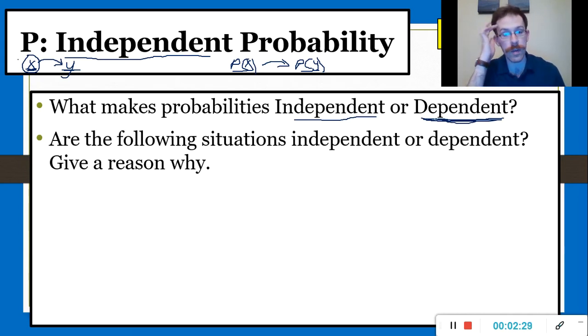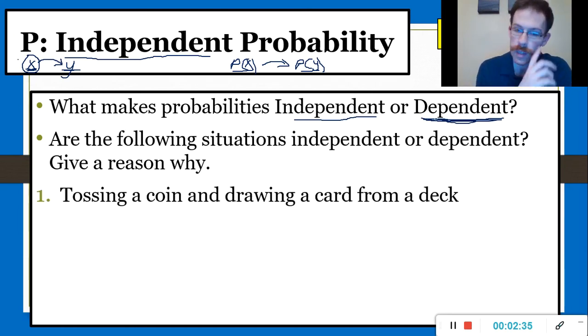Now, for the following situations, I want us to understand whether they're independent or dependent, and we need to give a reason why. Tossing a coin and drawing a card from a deck of cards, obviously. Is this independent or dependent?